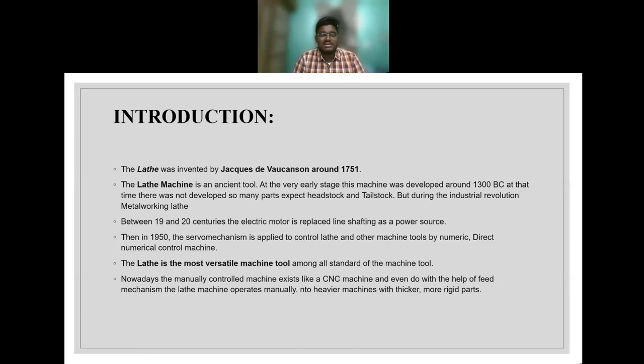In 1950, servo mechanism was applied to control the lathe and other machine tools by numeric control machines. The lathe is the most versatile machine tool among all the standard machine tools. Yes, it is the mother of machine tools.